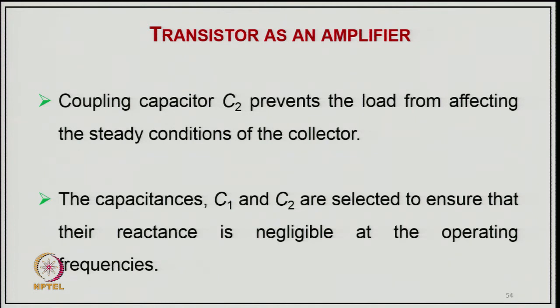The capacitances C1 and C2 are selected to ensure the reactance is negligible at the operating frequency, meaning they do not take much drop at the operating frequency. They are supposed to only block the DC, but the AC they will not block. So their reactance should be almost negligible or very small as far as the AC signal is concerned.